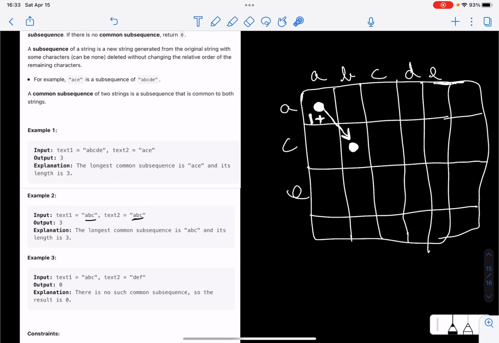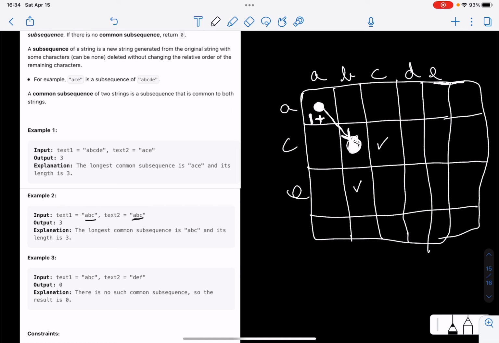The first possibility is we look at C, D, E and C, E. That is, we omit the B. Or we omit the C, which means we look at B, C, D, E and E. So we either look over here, which is C, D, E and C, E, or we look over here, which is B, C, D, E and E. And how do we decide what value would go in this particular location?